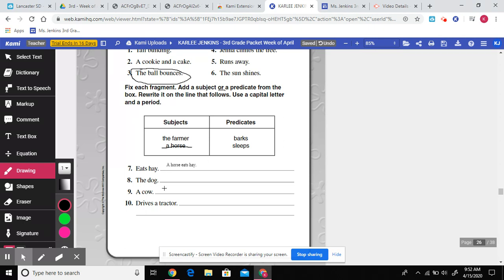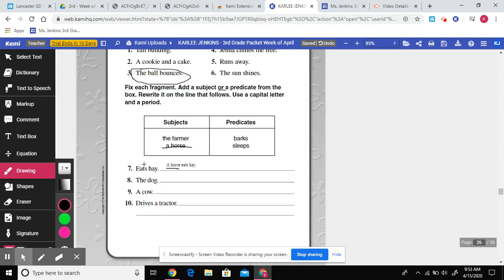So, now, the dog. The dog, what? The subject will go in the beginning of the sentence, like a horse went in the beginning of this sentence right here. But predicates go at the end. So the dog barks.